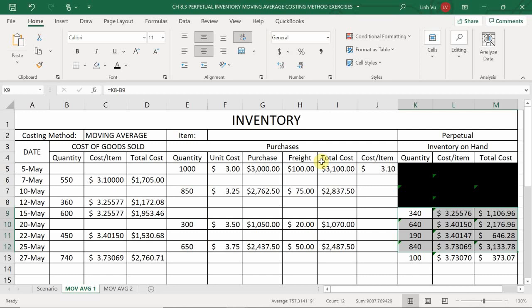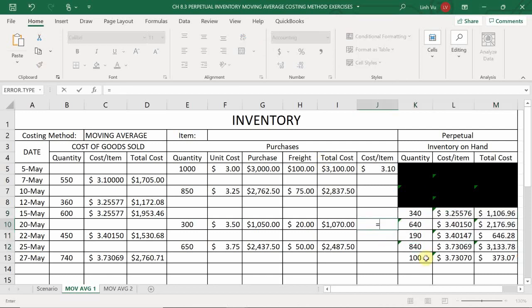So in this case, if I were to just do my cost per items here, let me go ahead and do that real quick. If I were to put in my average cost, or my cost per items, here I'm looking at 3.57 versus 3.58 at 3.83.